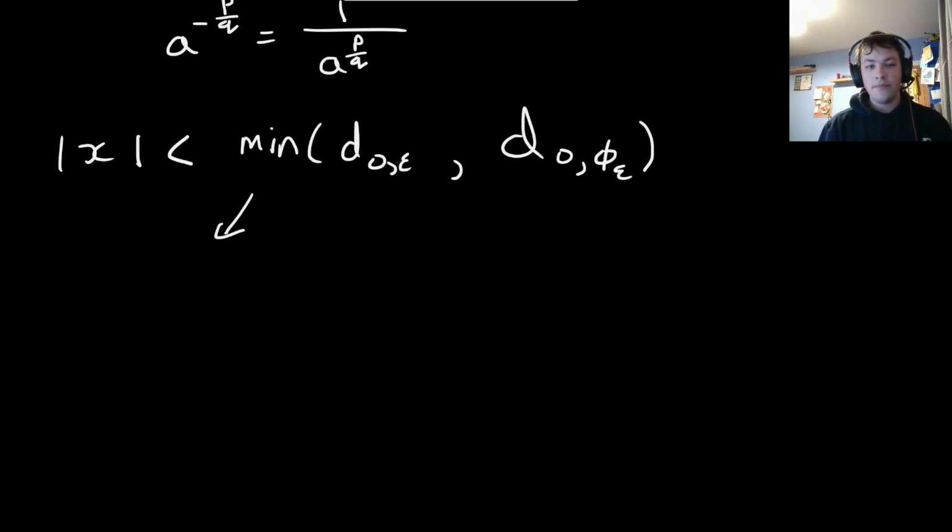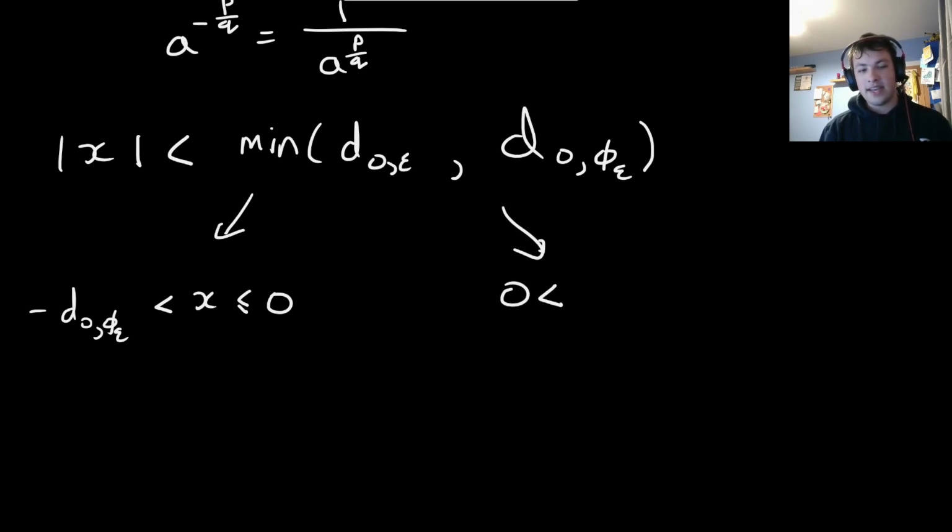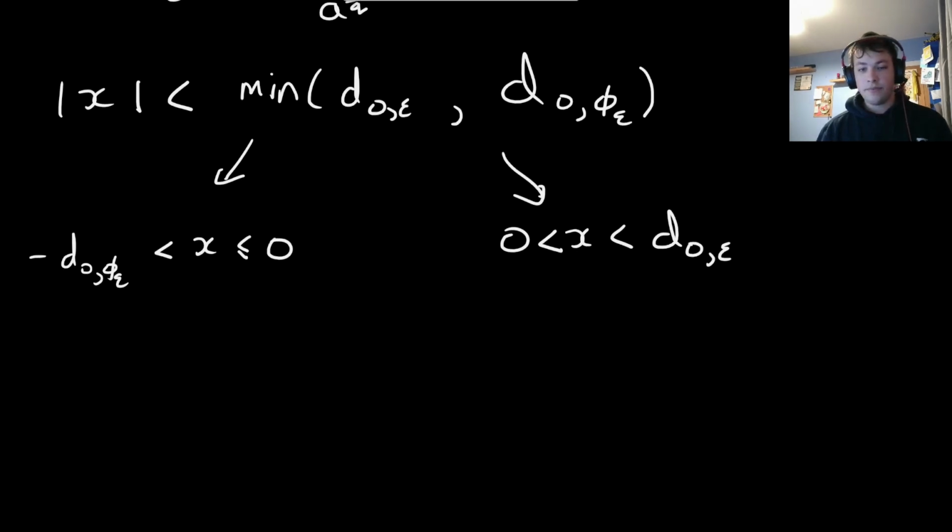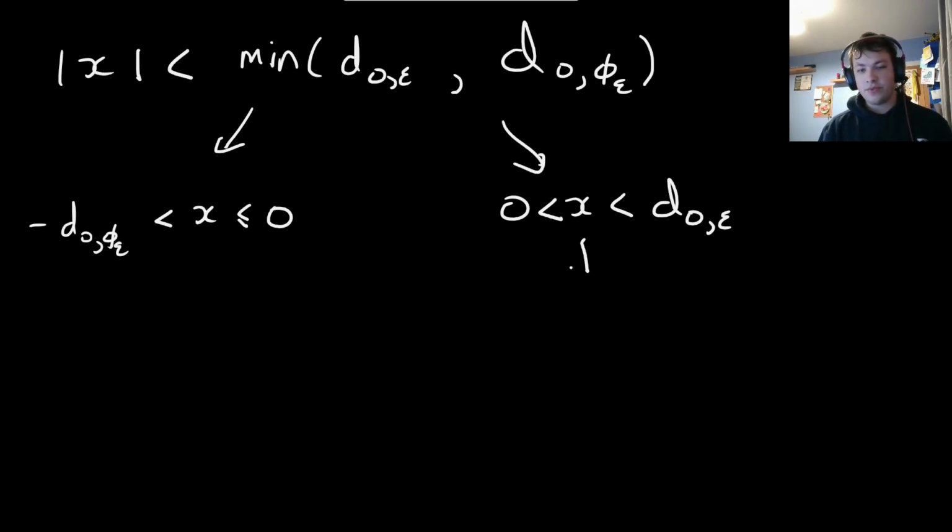So case 1 is that minus d0 phi epsilon is less than x, less than or equal to 0, or case 2, 0 is less than x is less than d0 epsilon. Okay, and so, well, this we already know is going to tell us that mod of a to the x minus 1 is less than epsilon. We already know that.